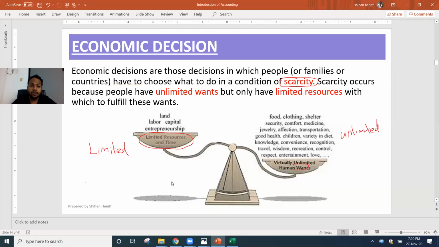Take an employee: he has limited time. He is working in one company, but he has so many wants. He needs money, he needs to build a house, he needs to purchase a vehicle, right? So he can't do everything. Therefore, with limited resources and unlimited wants, there is a scarcity.